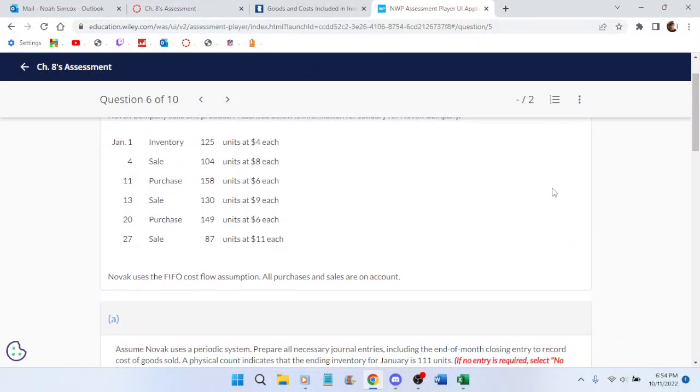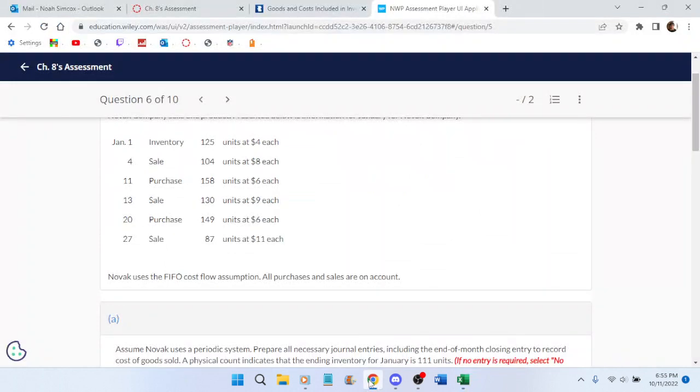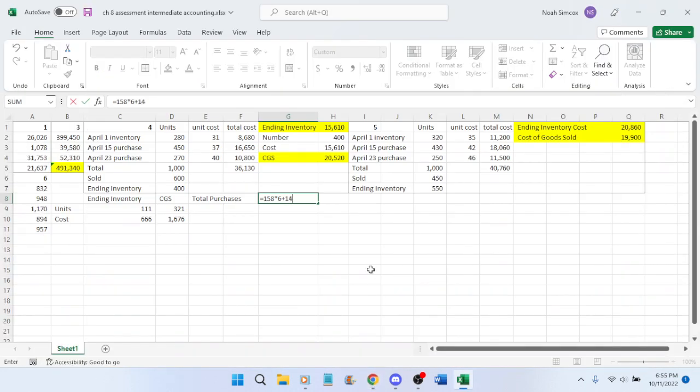That's funny. So 158 times 6. $149 times 6. $1,842.